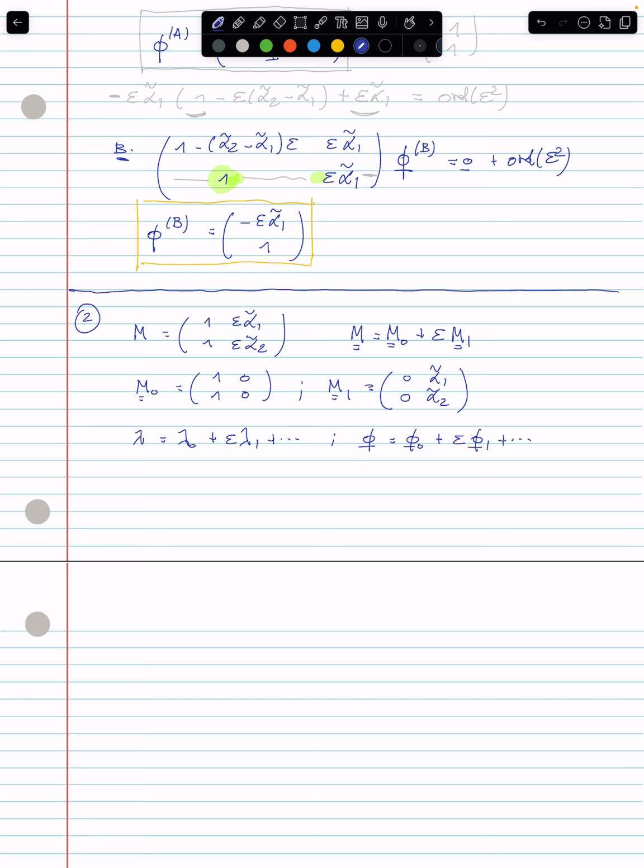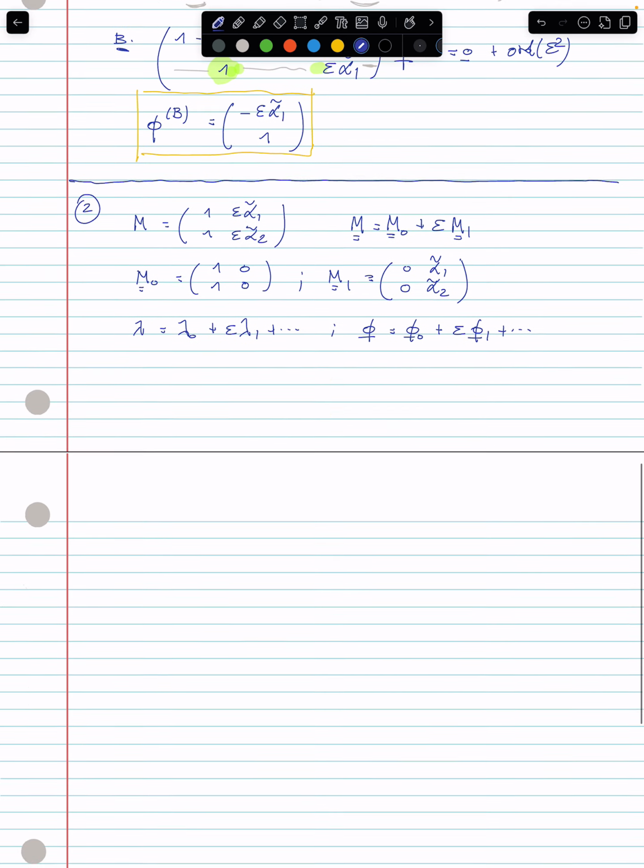If you substitute this into the governing equation, we just write that M minus lambda I times phi is equal to 0. That's the eigenvalue problem, or the governing equation somehow.